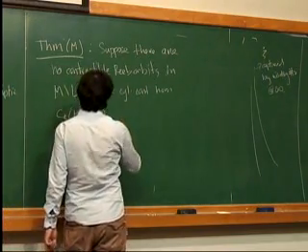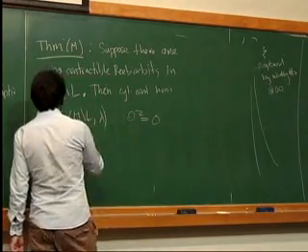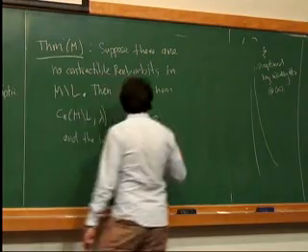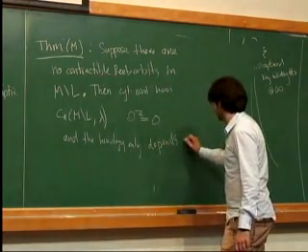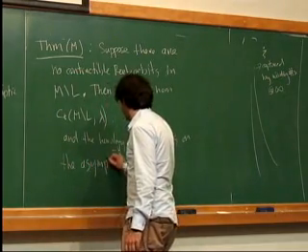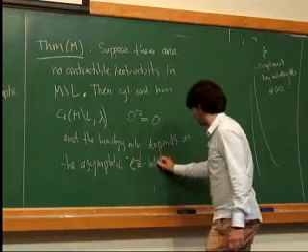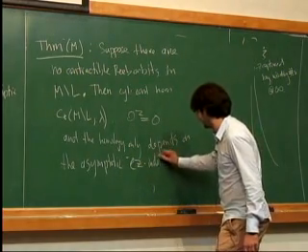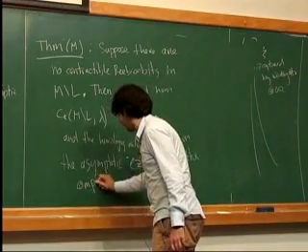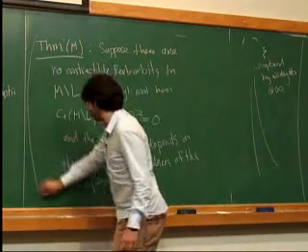So this chain complex exists, I mean, d squared equals 0, and the homology only depends on, so let's say, the asymptotic Alexander indices of the components of the orbit of the link.